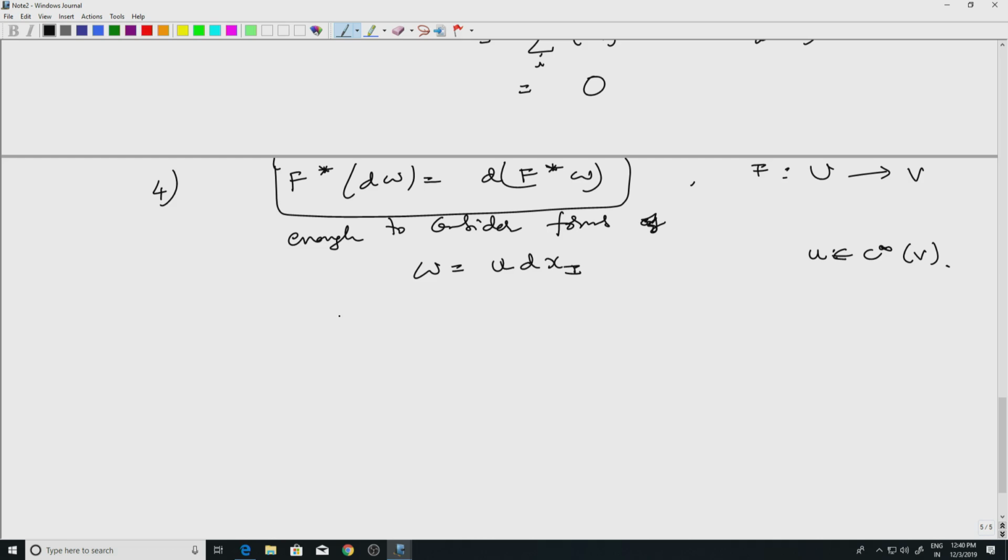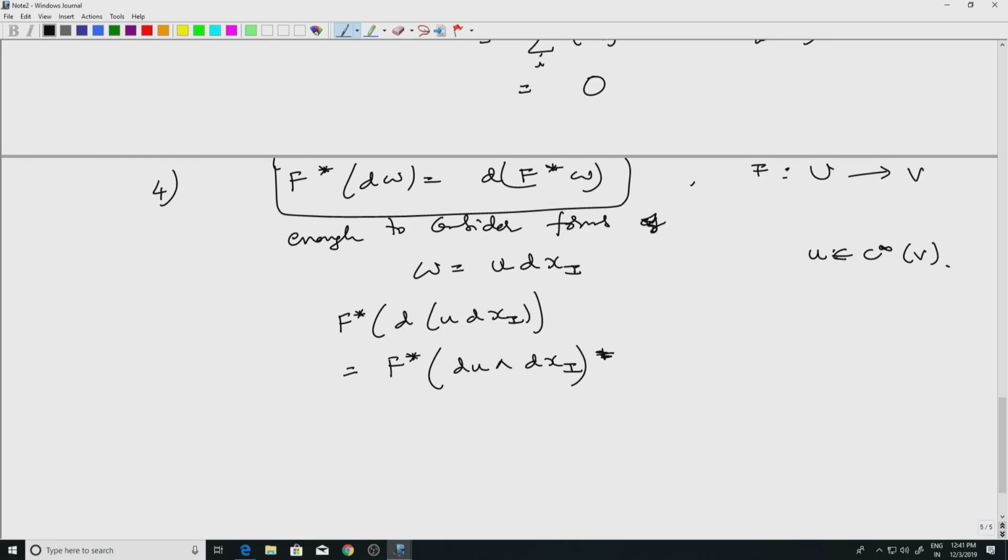F star d omega, which is f star d of u dxi. By the Leibniz rule this will be f star of du wedge dxi plus, now here I'll get minus 1, and then u times d of dxi, which we have already seen is 0, so I won't even write it.